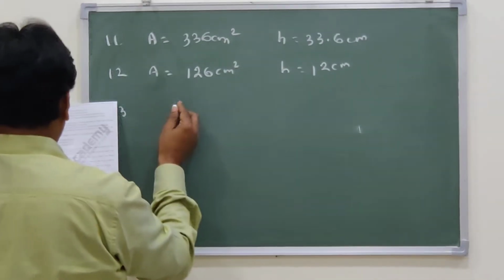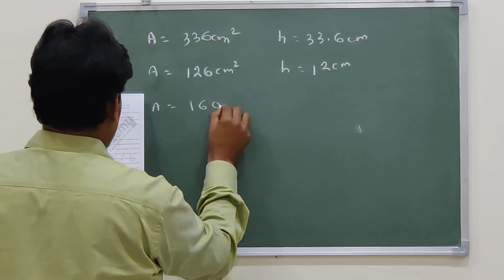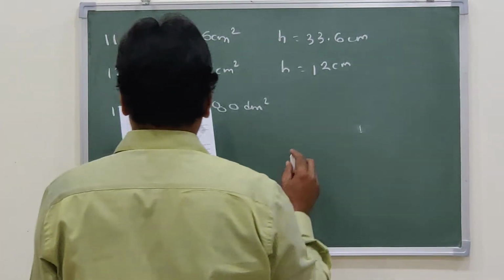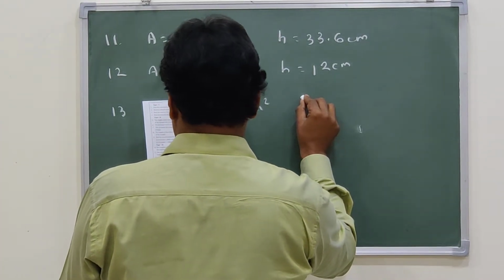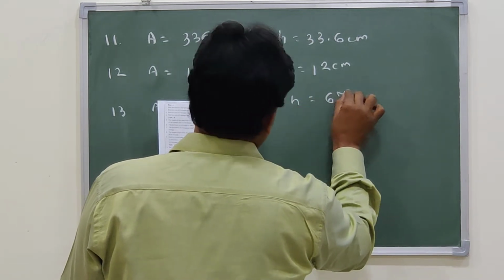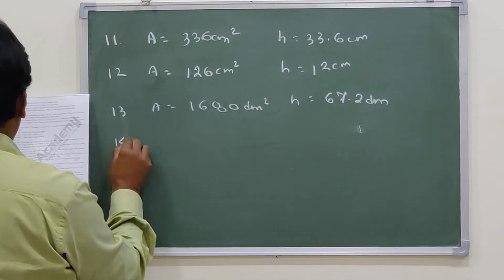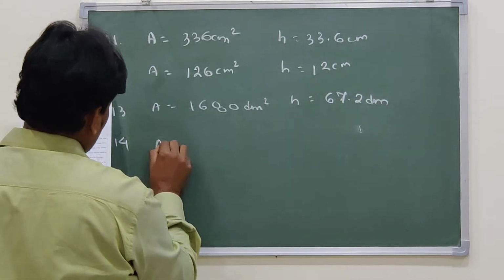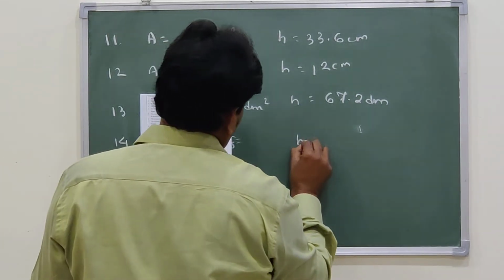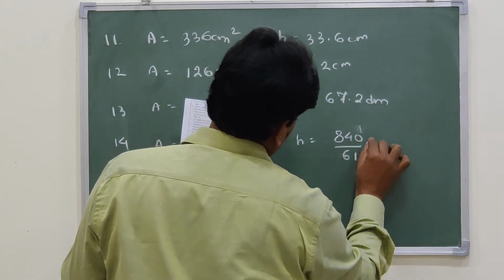Then 13th, the area was 1680 decimeter square and the length of perpendicular was 67.2 decimeter. And finally for 14th, the area was 420 root 5 and the height was 840 by 61 root 5.